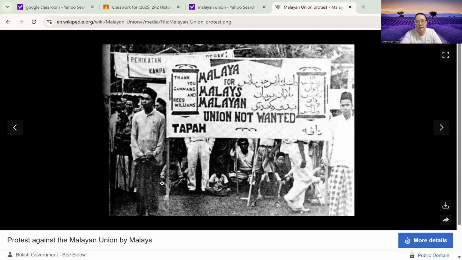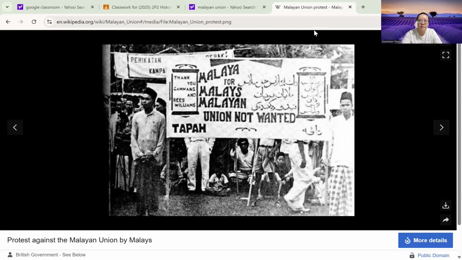So you don't necessarily have to be a very good artist. You can also be a photographer. And I think it's very important for you to know, can you see any women in the picture? No, right? Because back in the 40s, there were still very defined gender roles, so women mostly were not involved in these protests.